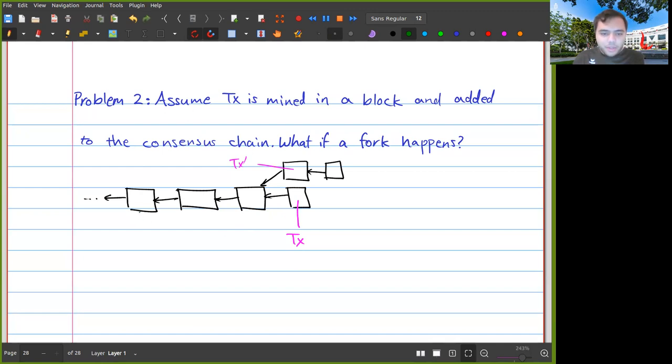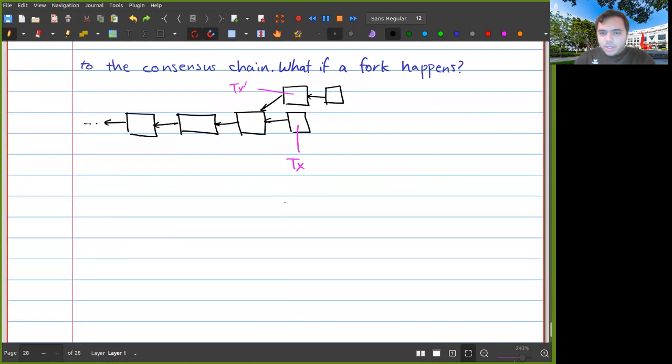So they can say, I want to fork it from here or from here. So there is no way to be 100% sure that the chain will not fork and that transaction will always remain. But here's the thing, we don't need 100% certainty. What we need is certainty with very high probability.